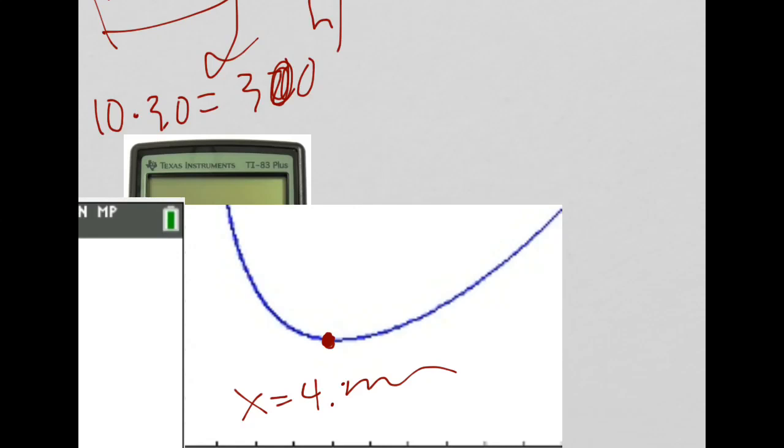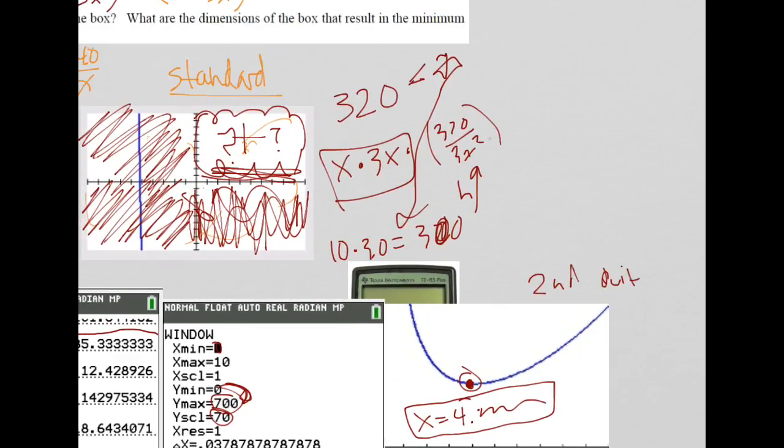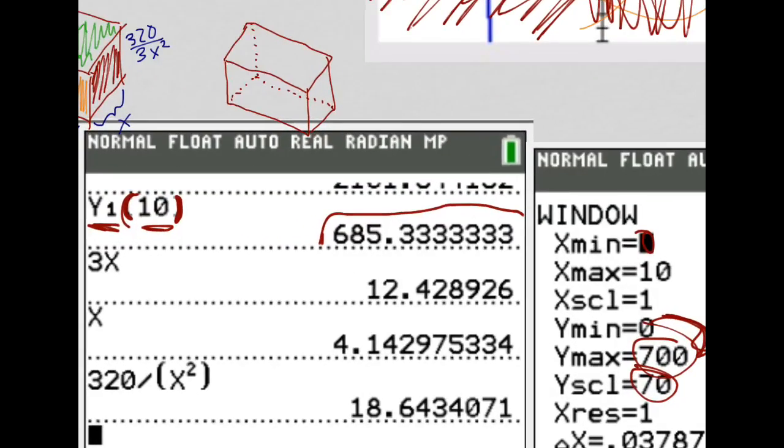If you're on your graph and you have that x value that you just calculated selected right there, if you hit second and then quit to exit your graph without changing that x value, without clearing that x value, then when you go back to your calculator home screen, if you use the x button, notice right there, that is the x value that you just had on your function that you were looking at.